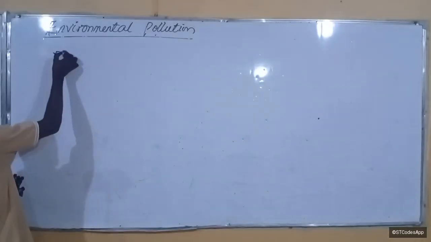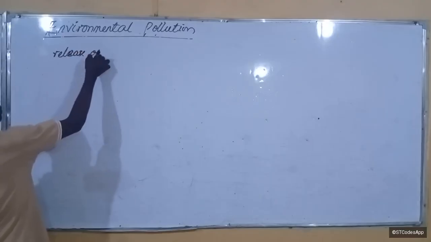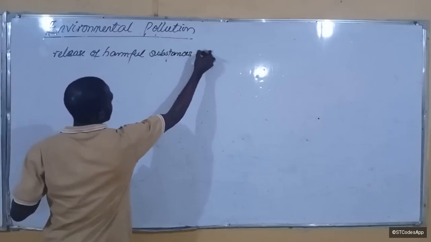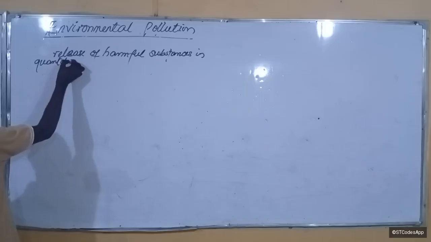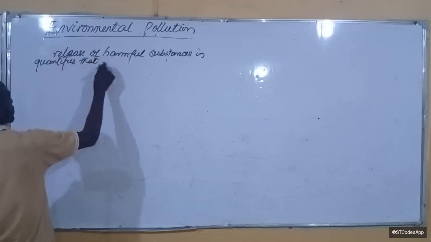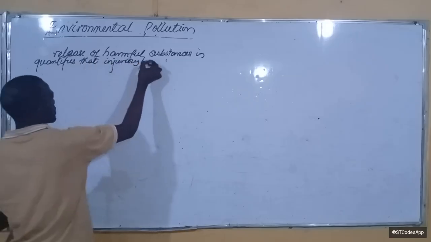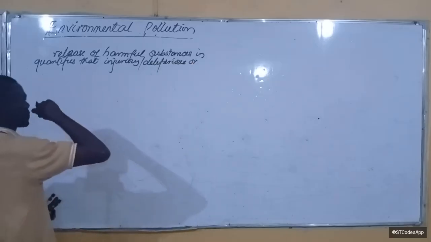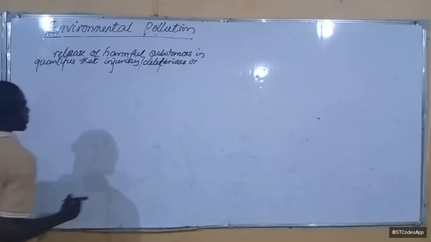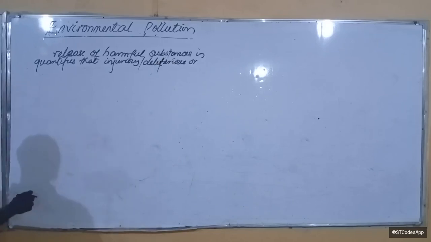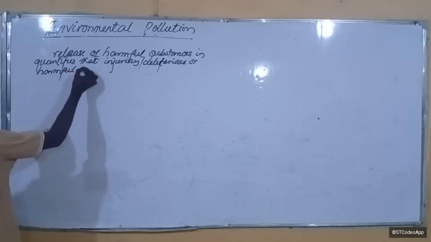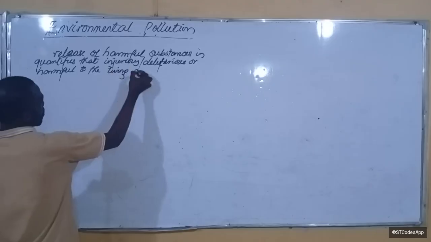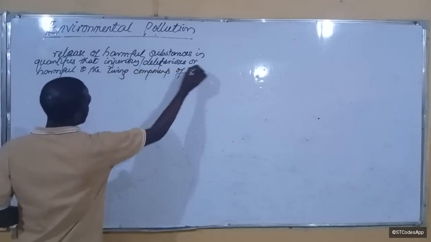So we say it's the release of harmful substances in quantities that are injurious or deleterious, or in quantities that are harmful to the living components of the ecosystem.